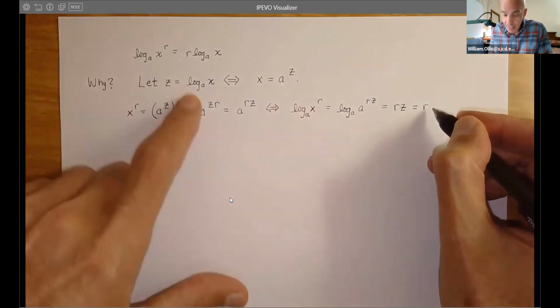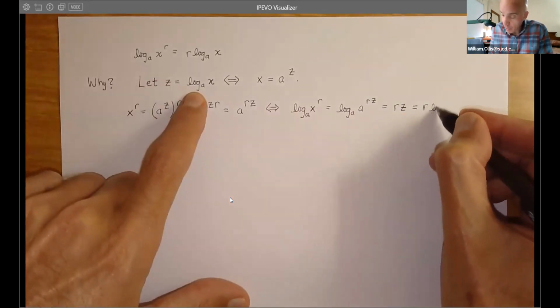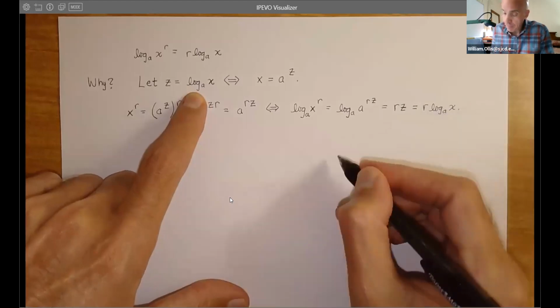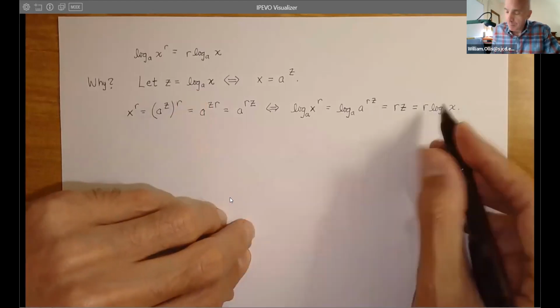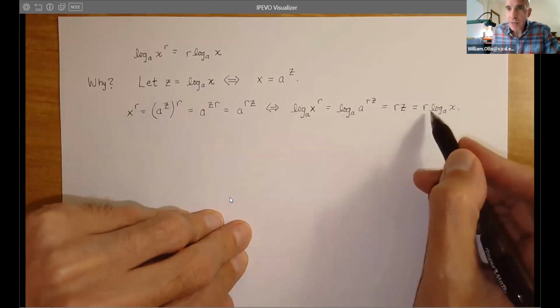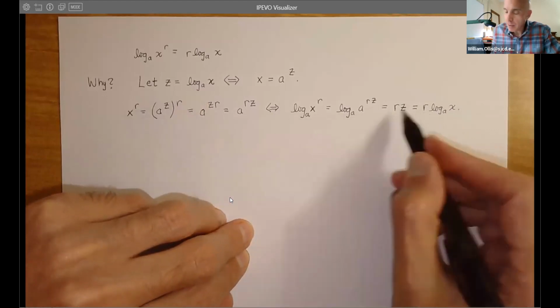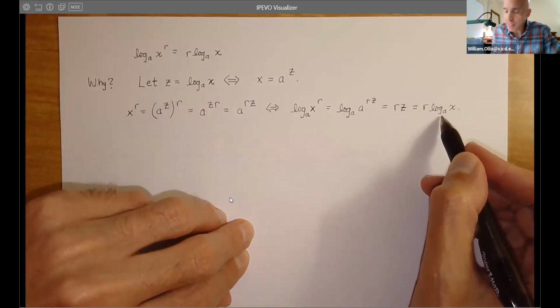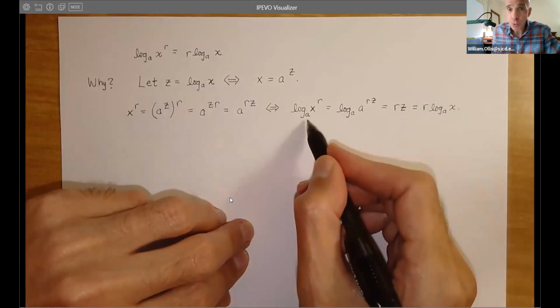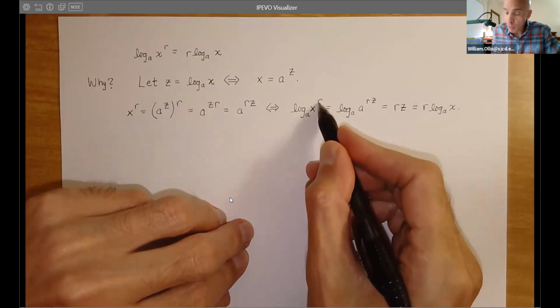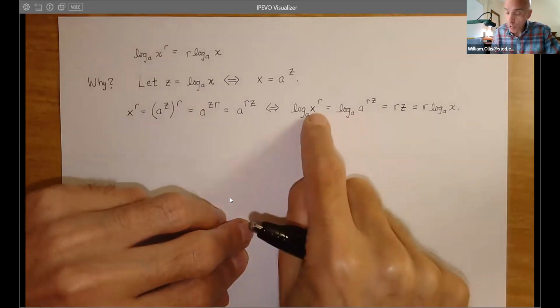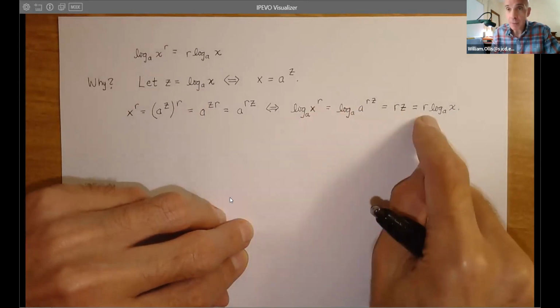And z is, as we've defined it, the base A logarithm of x. So based upon how we have set up the base A logarithm as the inverse of the base A exponential, it is true that we can actually move the r to the coefficient. That is, the r now, the power, can now become a coefficient of the base A logarithm.